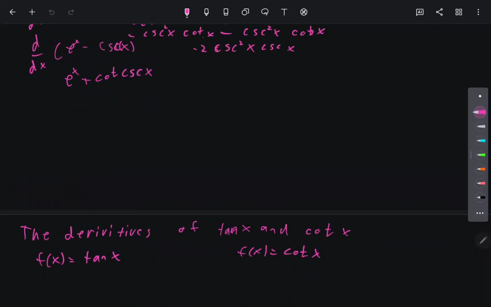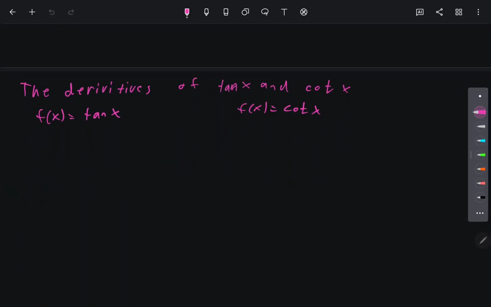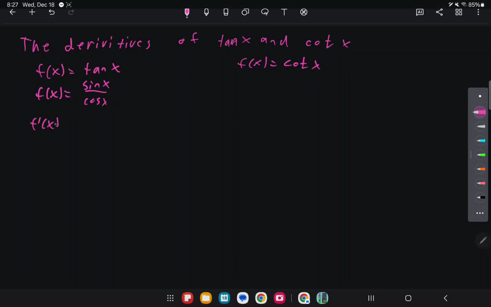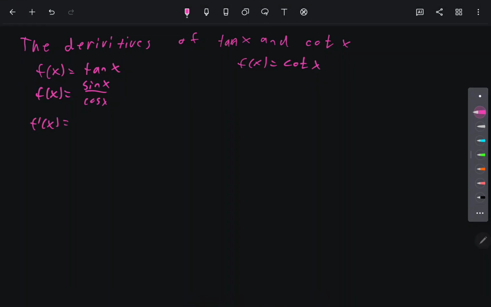Okay. Finally, the last one that we're going to prove is the derivative of tangent and cotangent. So the derivative of tangent, well, f of x in this case is equal to sine of x over cosine of x. Got it? So then this is just a quotient rule. So f prime of x must be equal to the derivative of the top.